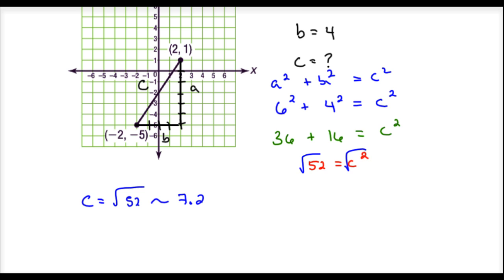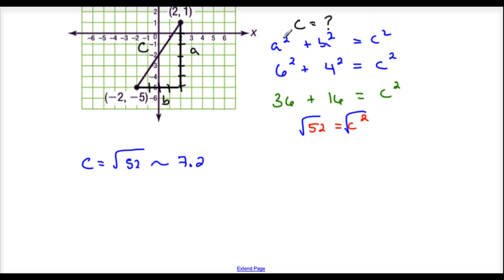Now if I'm asking for the exact value, which I will do in many circumstances, we need to break this up into two factors. What are factors of 52? One of these factors you want to be a perfect square, something I could take the square root of. So I could definitely multiply 4 times 13. These are two factors of 52. I chose 4 because 4 is a perfect square.